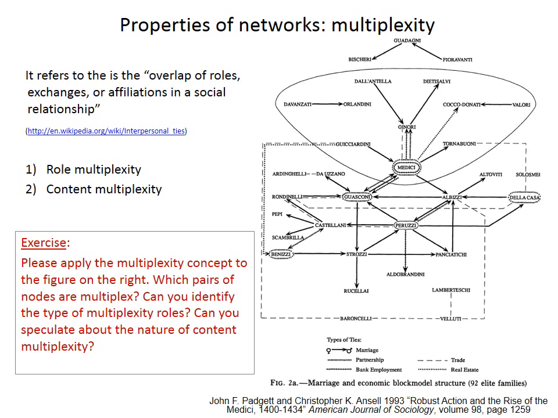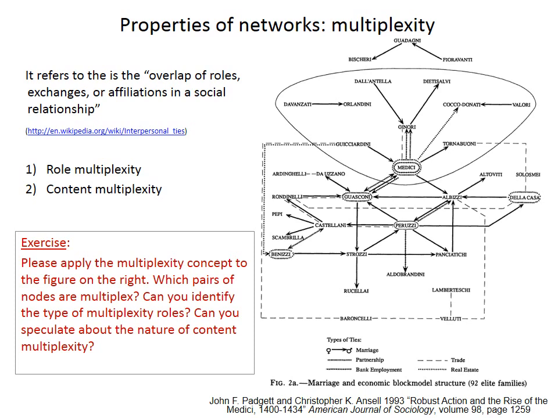As an example, I would like you to apply the idea of multiplexity to the graph of the network of families in Renaissance Florence. Identify which nodes are characterized by multiplexity and which are not, and for the nodes that you think are multiplexed, please try to identify if it is role multiplexity or content multiplexity.